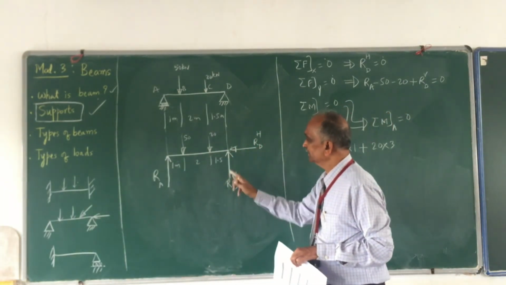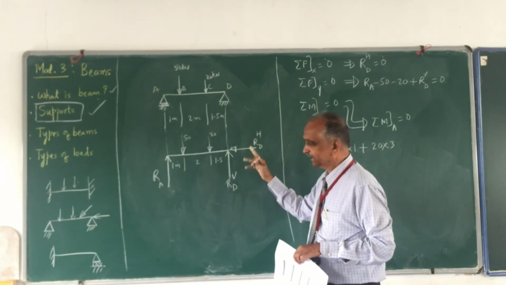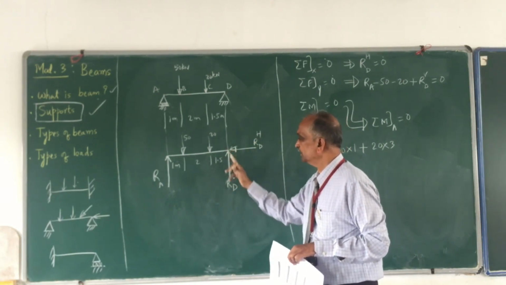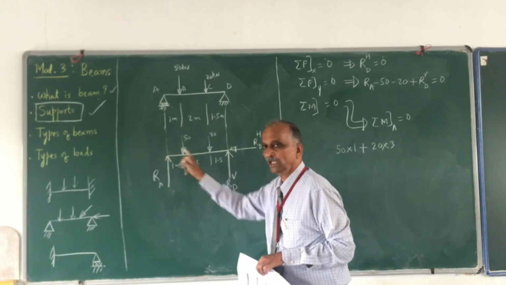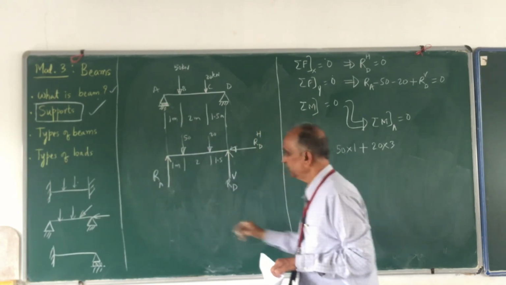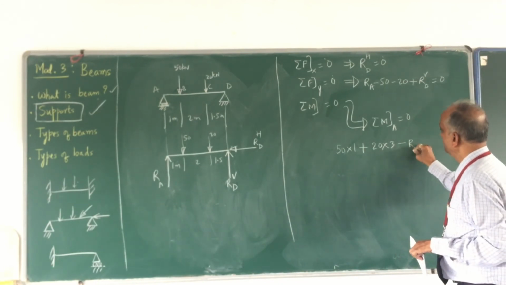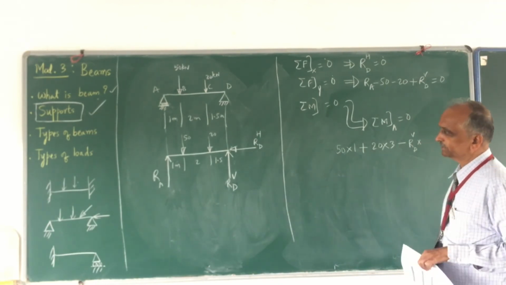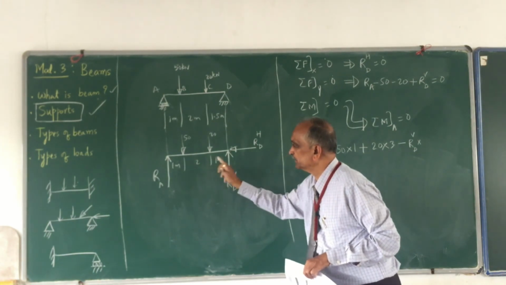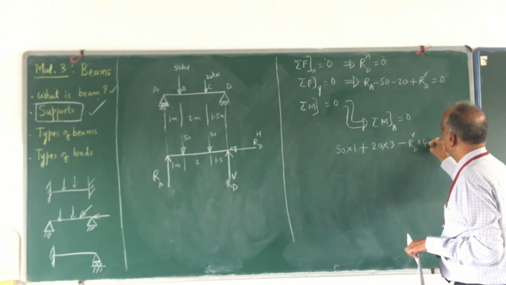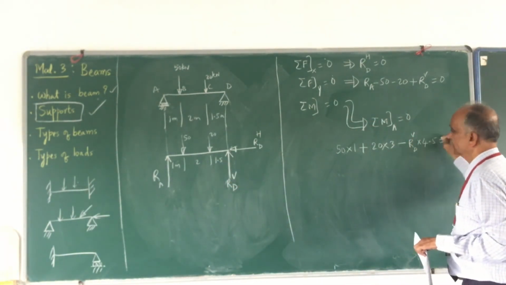Then the next one, RDH is already 0, that I know. Then RDV, the moment due to this RDV about A is in the anti-clockwise direction, therefore it is minus RDV multiplied by the distance, 1 plus 2, 3, 3 plus 1.5, 4.5, this is equal to 0.